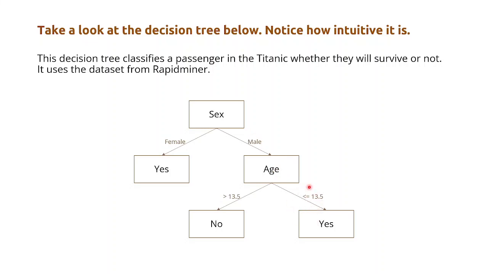It's because aside from females, who were prioritized for the lifeboats, they also prioritized the children. So we see that if you're a young male, you will survive the Titanic incident. However, the same does not hold true if you are an older female. If you're an older female, you will most likely not survive.